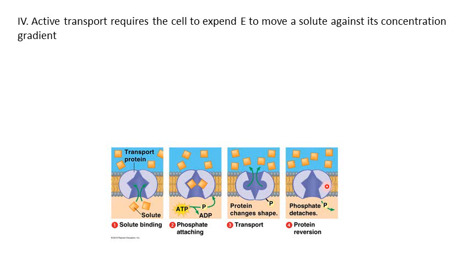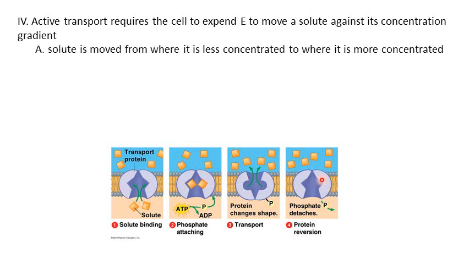Then in step 4, so we can get the carrier protein ready to do this work again, we remove that phosphate off the carrier protein. That causes the carrier protein to resume its original shape, and now it's receptive for the binding of a couple more solutes.